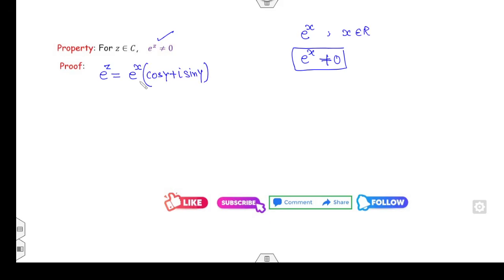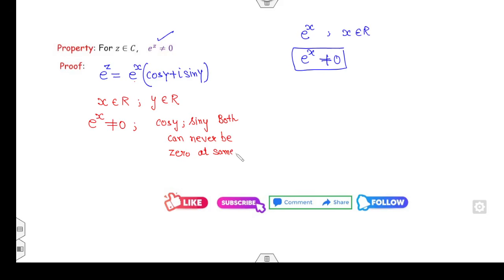And we all know x is real and y is real. So if x is real, the exponential part can never be 0. Moreover, cos of y and sine of y can never both be 0 at the same time.